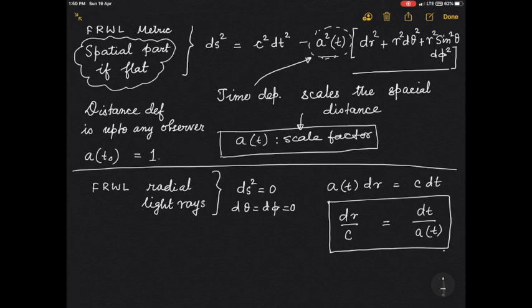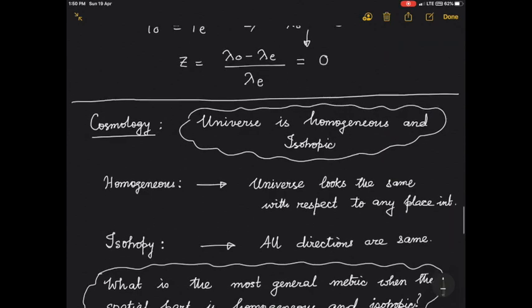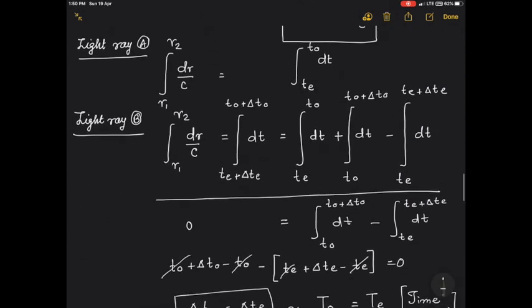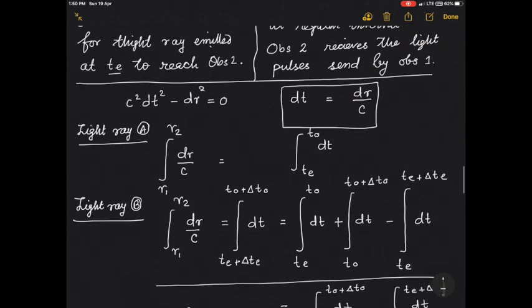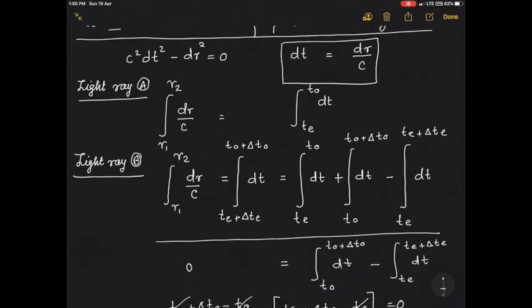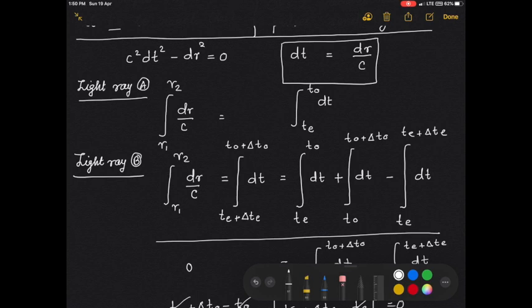That is the formula I should use now for radial light rays. Remember, in the previous case when we used the special relativity metric, this formula did not have the division by A(t) over here. Let's see how things will proceed from this calculation.